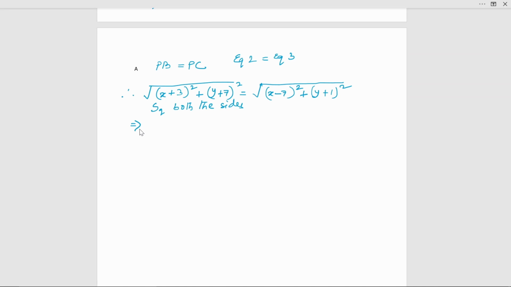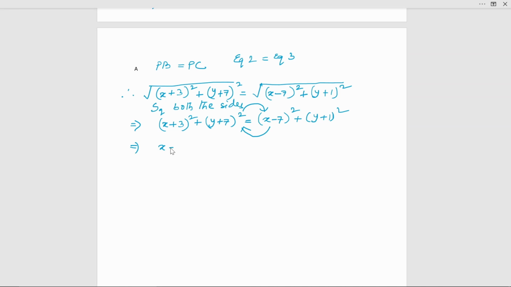Then it will give me (x + 3)² + (y + 7)² equal to (x − 7)² + (y + 1)². Again I am doing the same thing, getting the x variable to the left hand side and the y variable to the right hand side.